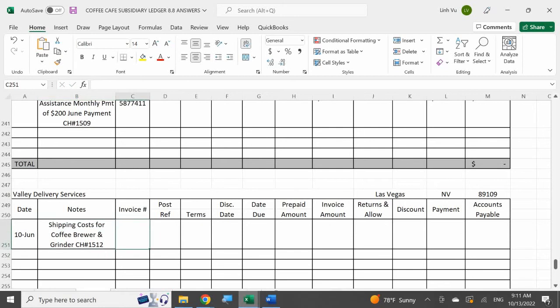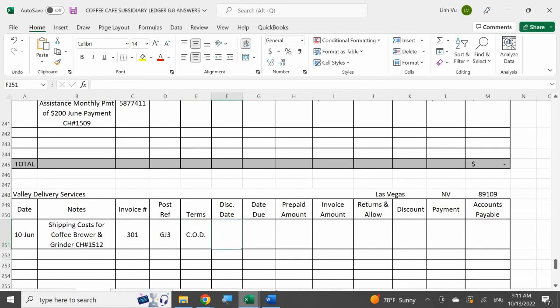Okay, invoice 301. Post reference, we're still on our third journal here. Terms, right, was COD because it was cash on delivery.